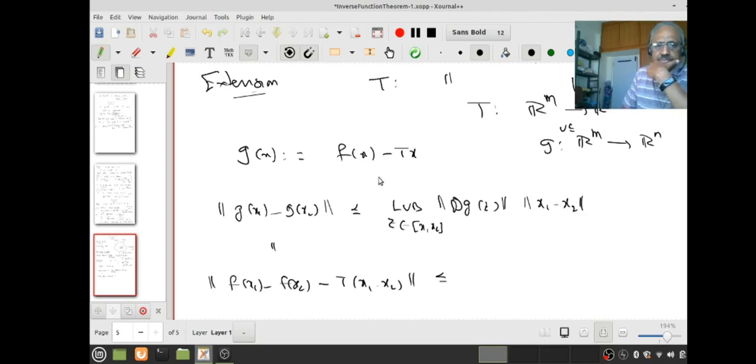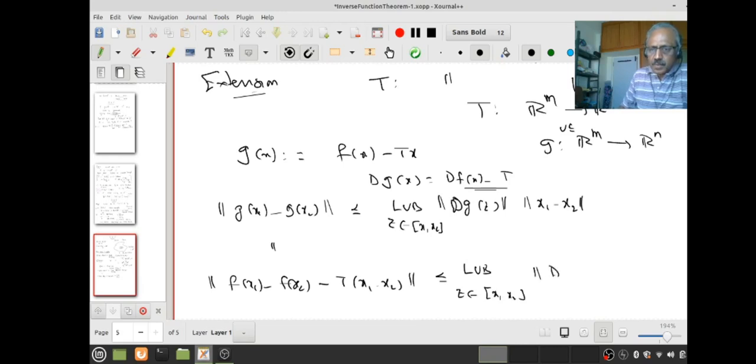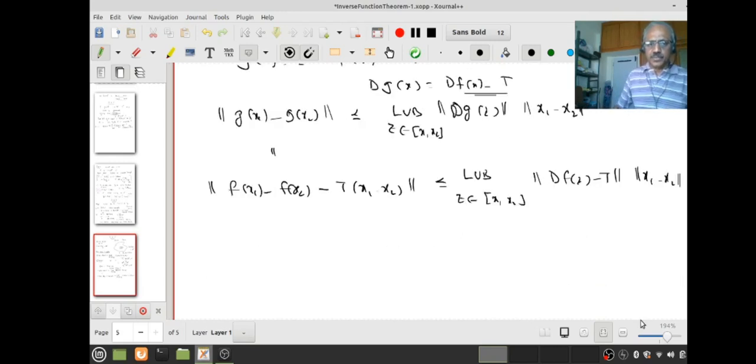And what is the derivative of G? DG(x) is Df(x) minus T. There is no x in the derivative of T. Do you remember that? The derivative of the map x going to T(x) is T. Therefore this object is going to be the LUB over z in x1 x2 of the norm of Df(z) minus T, times the norm of x1 minus x2. Please pause, review.